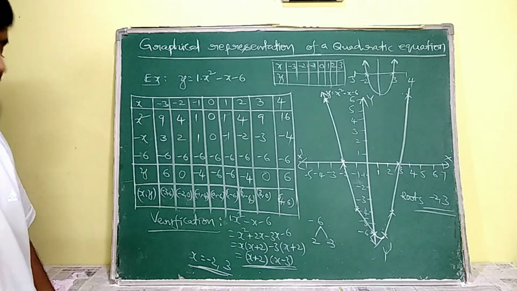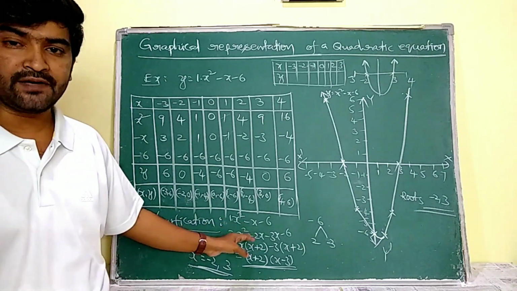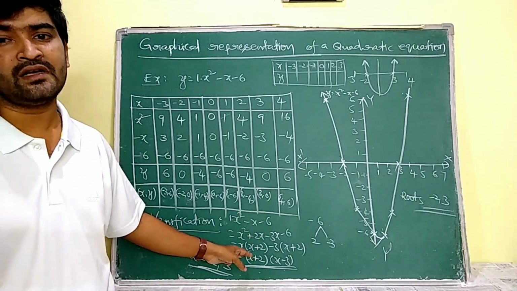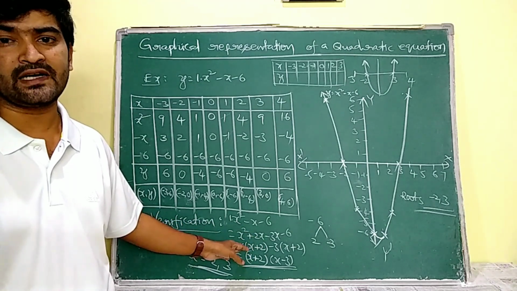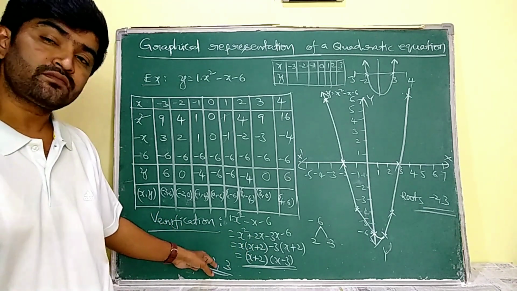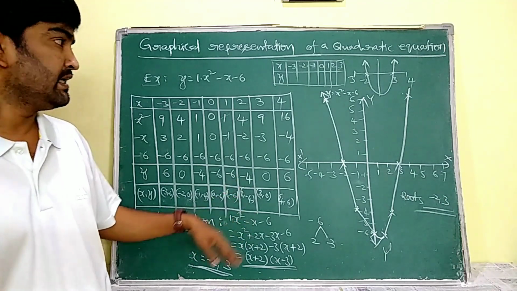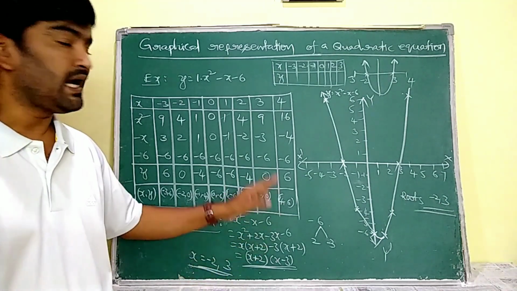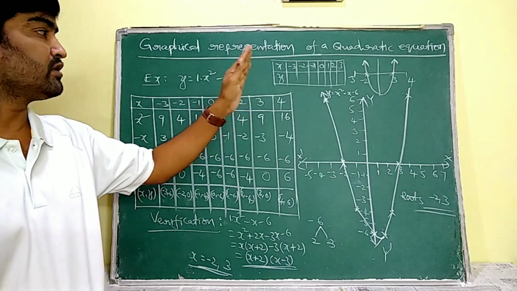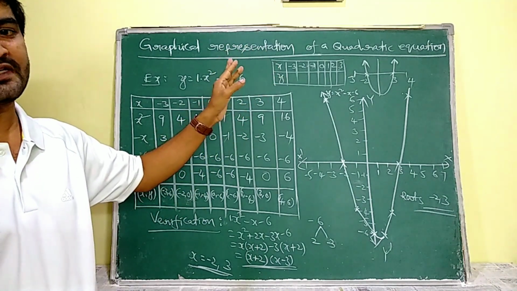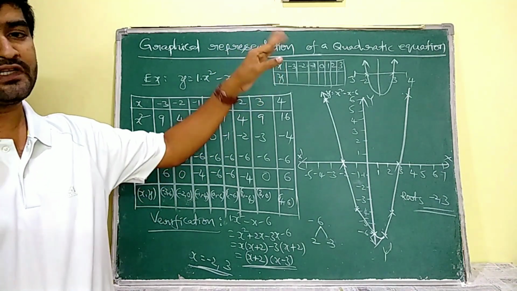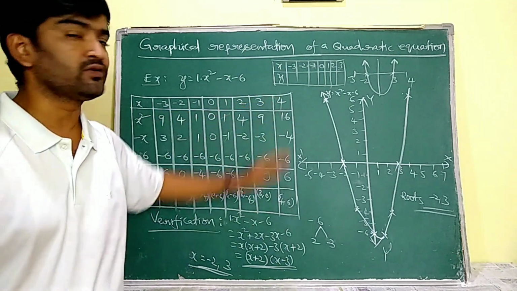If you know the verification, that means factorization, then do the factorization and consider one or two values more than the obtained values. Here we obtained minus 2 and 3. I am going to consider one value more than that, from minus 3 I am going to write. After 3 also I am going to consider one value, 4.